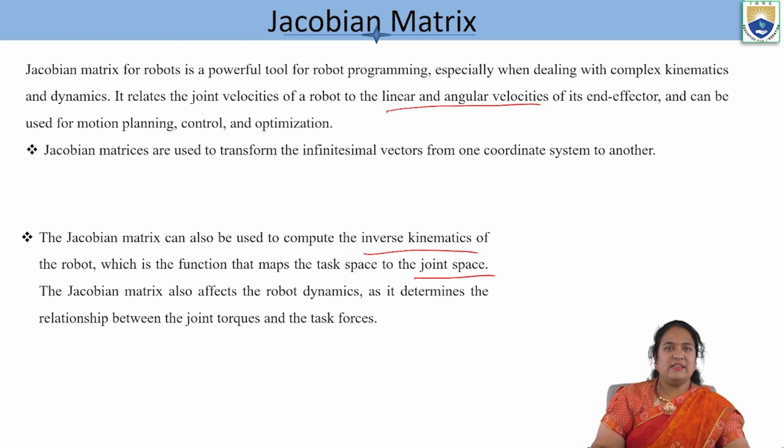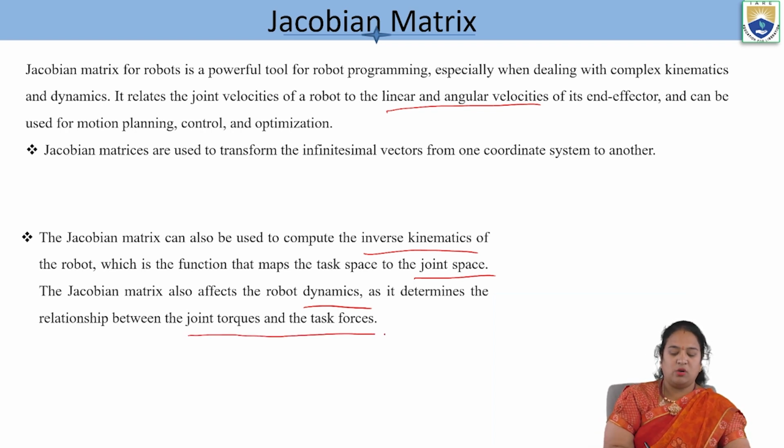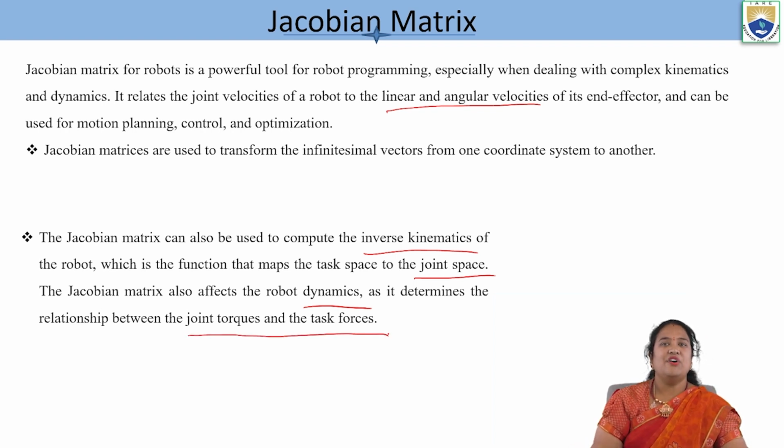And not only that, the Jacobian matrix is also used to affect the robot dynamics, as it determines the relation between the joint torque and the task force.